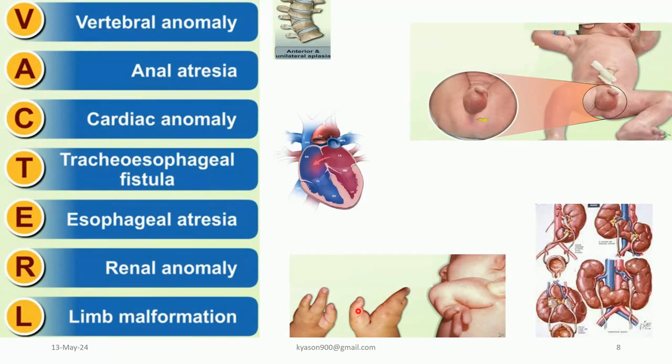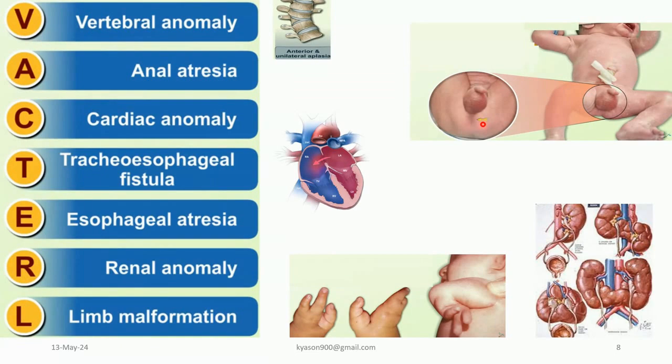Of course, this can be seen with your eyes. You can easily see this limb malformation, but you can continue scanning, you can take this kid for a scan, and of course sonographically confirm if there is any kidney abnormality. This kid can be taken to the echocardiography room to confirm if there is any heart abnormality. You can see this with your naked eye.